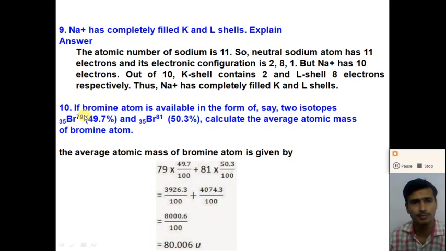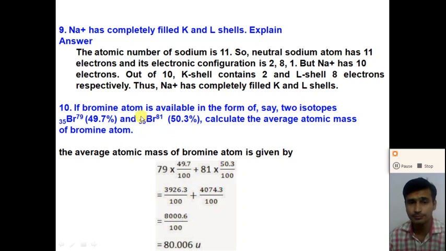Now question number 10. If bromine atom is available in the form of two isotopes, Br 35-79, 49.7% of bromine atoms are Br 35-79, where atomic number is 35 and atomic mass is 79, and 50.3% atoms of the bromine are Br 35-81.